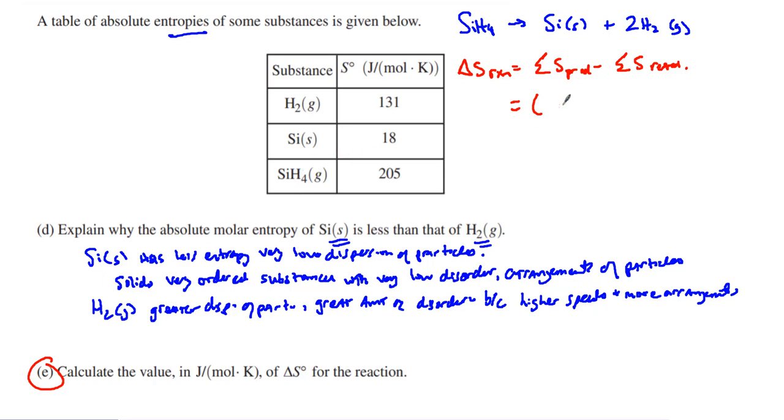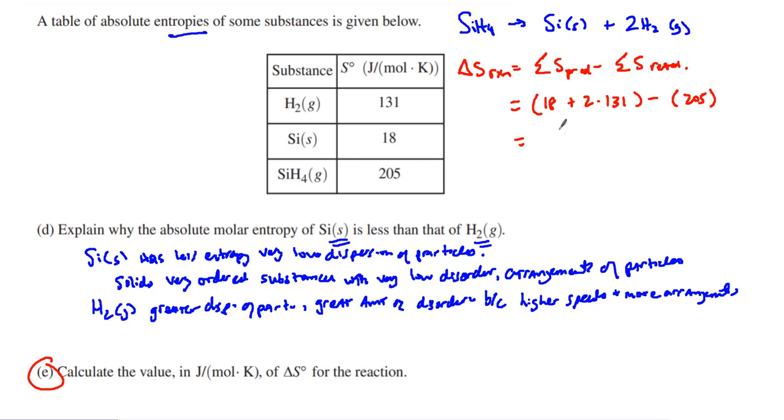Our products are silicon, which is 18 joules per mole Kelvin, plus 2 times 205 joules per mole Kelvin, minus my 2 times the 131, because that's the hydrogen gas. Those are my products, minus the reactant, which is 205 joules per mole Kelvin.